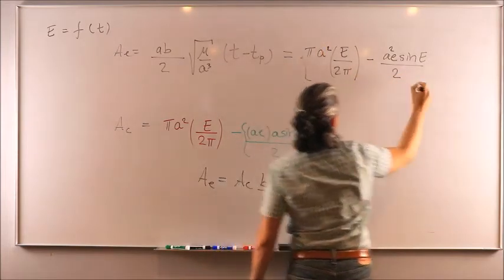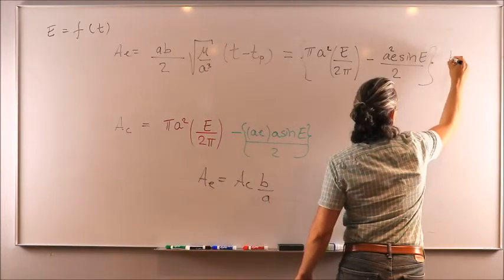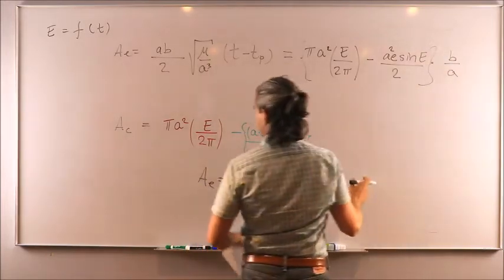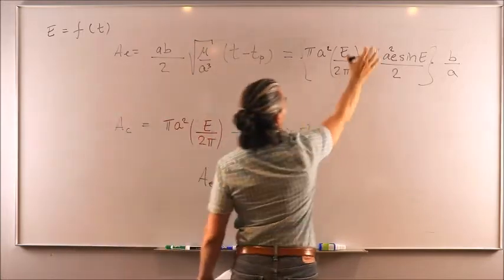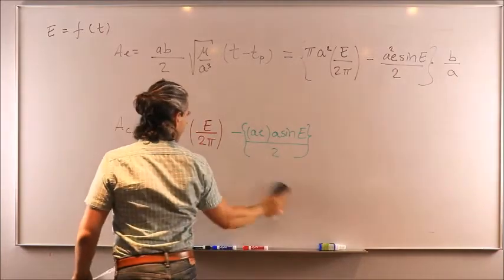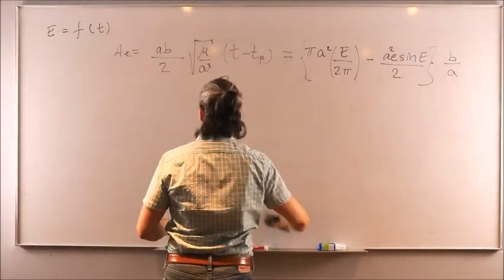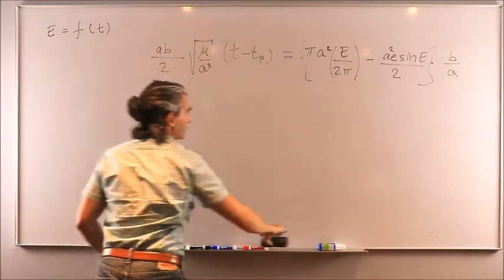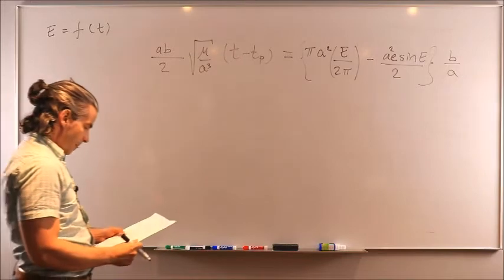All of that gets multiplied with B and divided by A, such that now you have the relationship between AE and AC through that factor B over A.